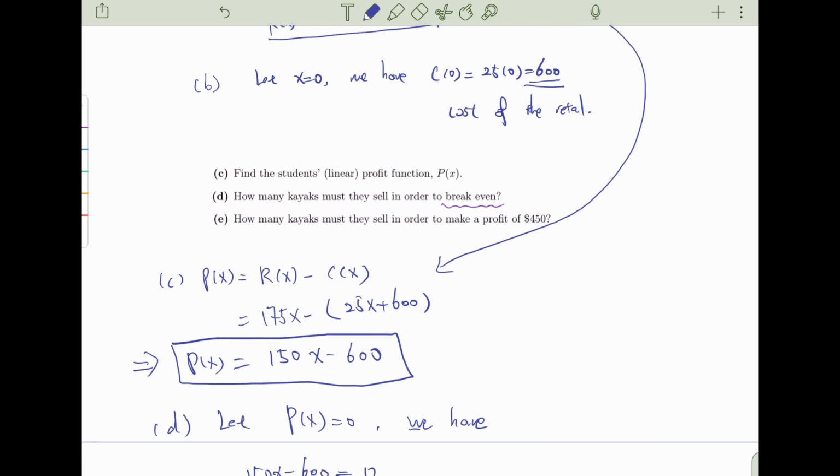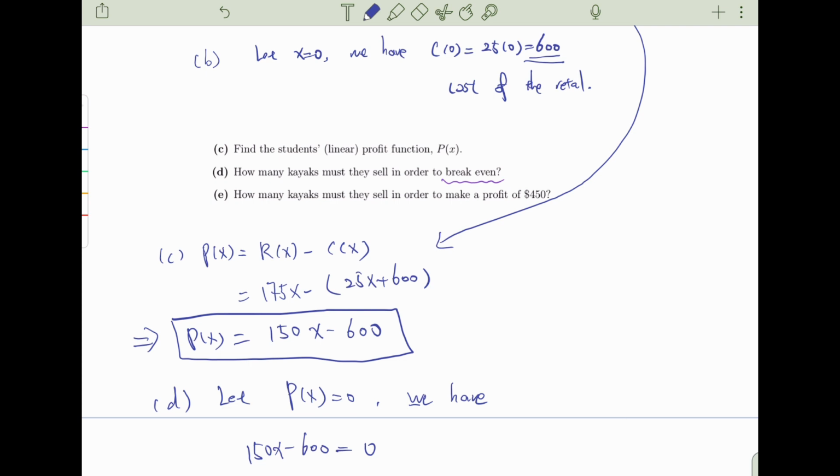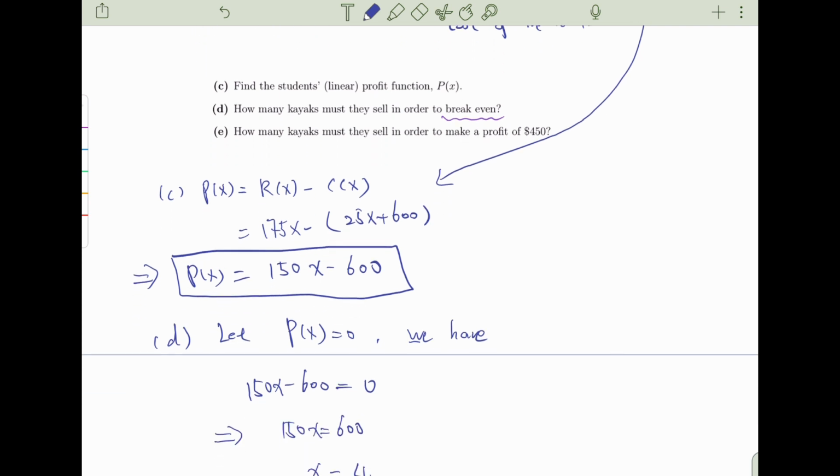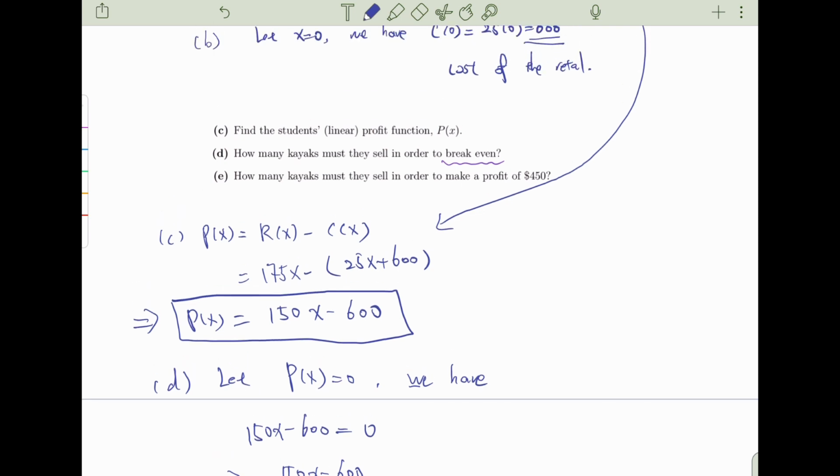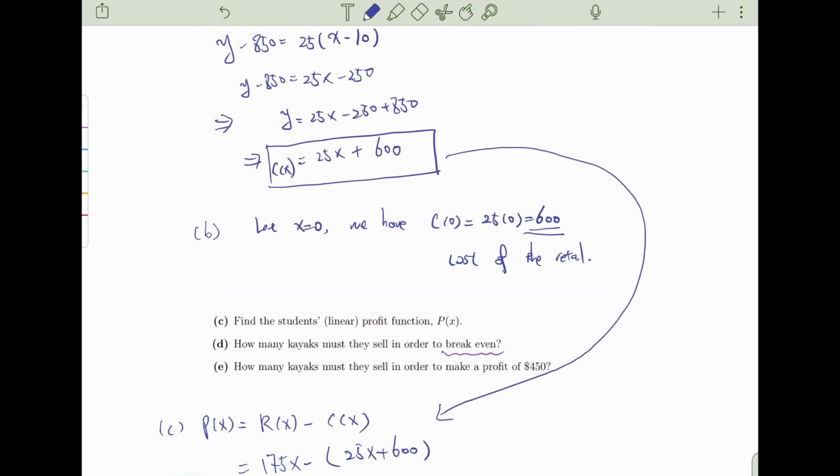And that is the expression of the profit function. After we obtain the profit function, we set it to 0 to find out the break-even point. And in the last question, we set it to our goal, $450, to find out the number of kayaks we have to build in order to reach that goal.